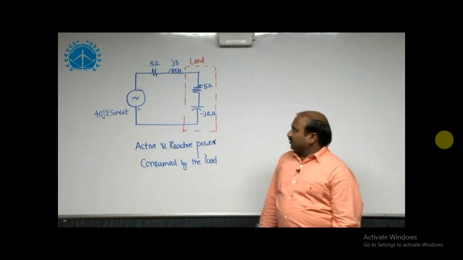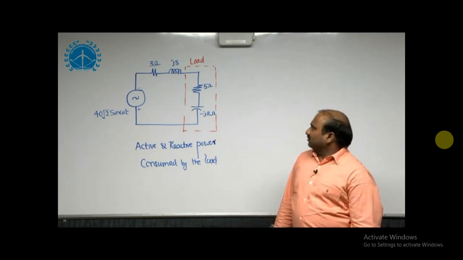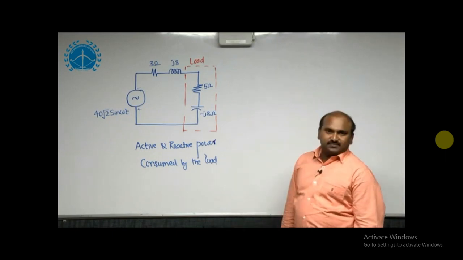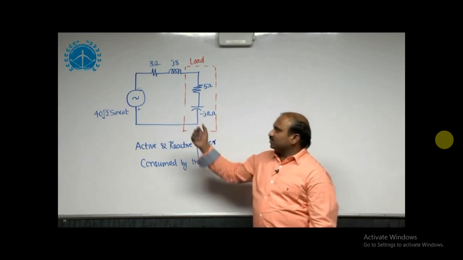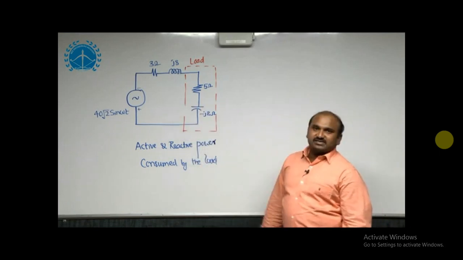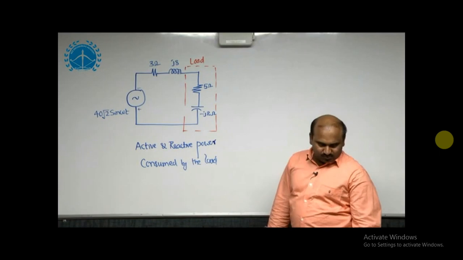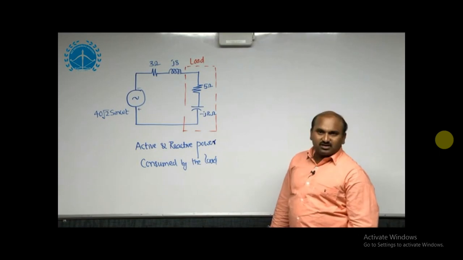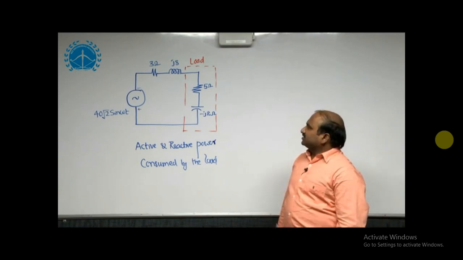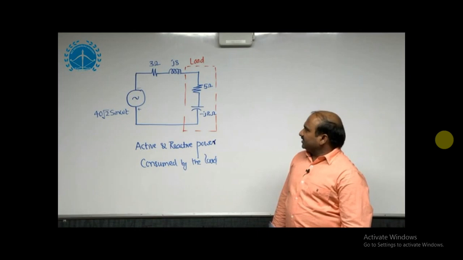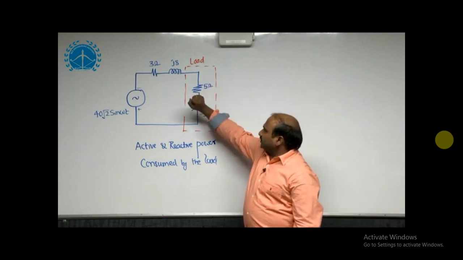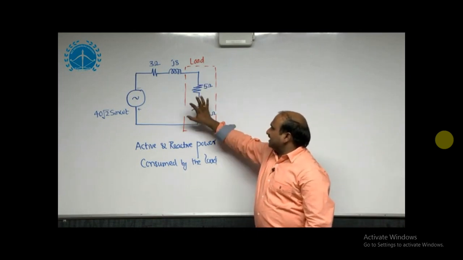This you can do in two ways. Number one is by knowing the total current and applied voltage, and the total impedance angle. Using that, VI cos phi is the active power, VI sin phi is the reactive power. But instead of that, the load circuit has resistance as well as reactance.